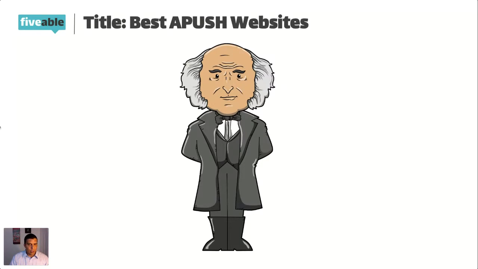And really quick, we're going to talk a little bit about the best AP US History websites. But before we start that, does anybody know who this president is? Starts with the M. M.A. He came after Andrew Jackson.